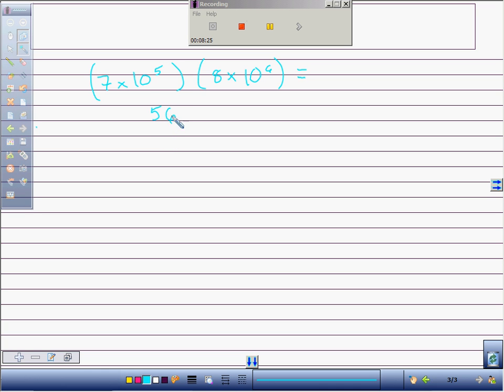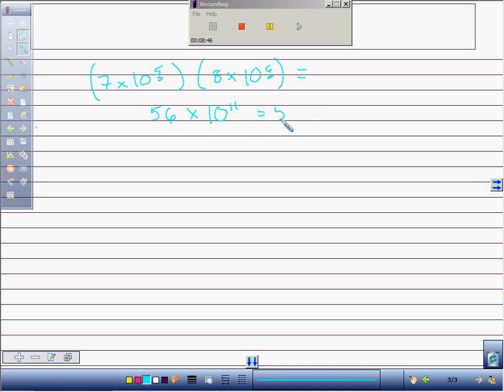56. What's 10 to the 5th times 10 to the 6th? No, add the exponents. 10 to the 11th. Now this is not quite in scientific notation. I have to move that decimal point from here to here.